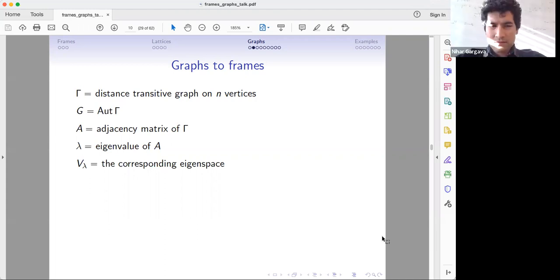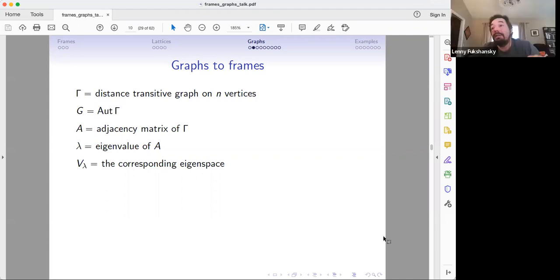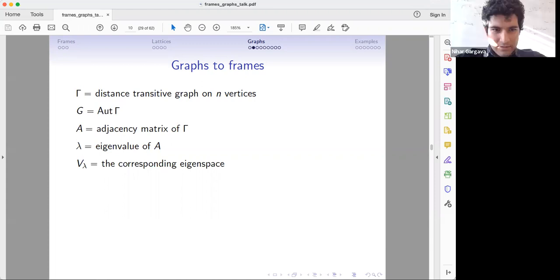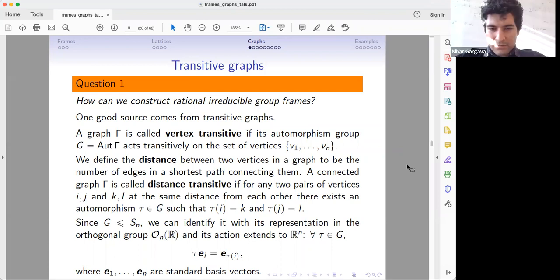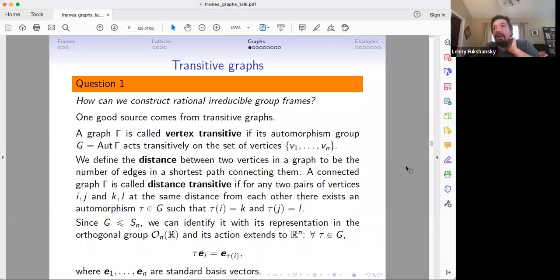Can I interrupt you for a minute? Sorry. Yes. So in the previous slide, this action of G on the standard basis, this will never be irreducible, right? Because there is always this subspace. True, right, yes, you're right. However, it can be irreducible on subspaces.